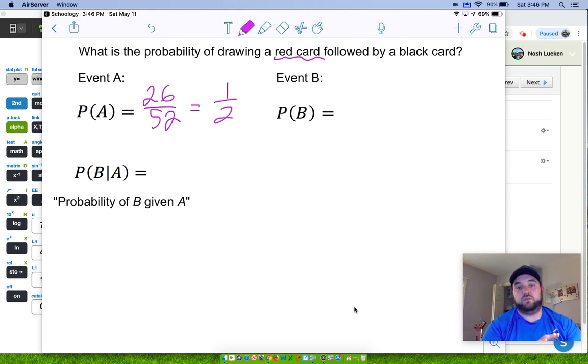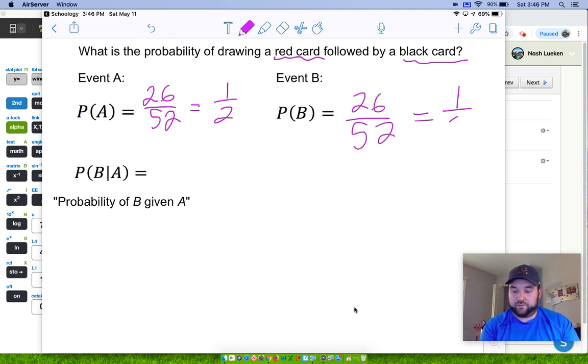Clean slate, a regular, complete deck of cards: what's the probability of drawing a black card from a fresh deck of cards? Well, that's 26 out of 52, or also 1/2. Well, then obviously the fact that the red card was pulled from the deck has now changed my sample space from 52 down to 51. And so that's what we call a given event.